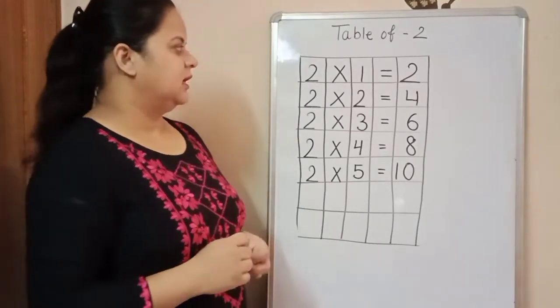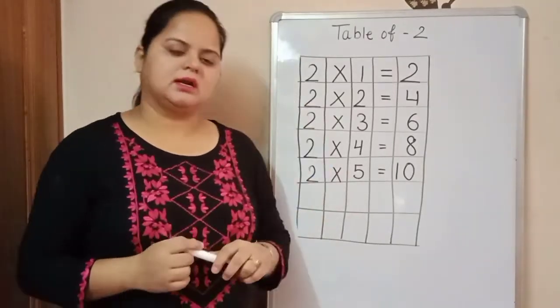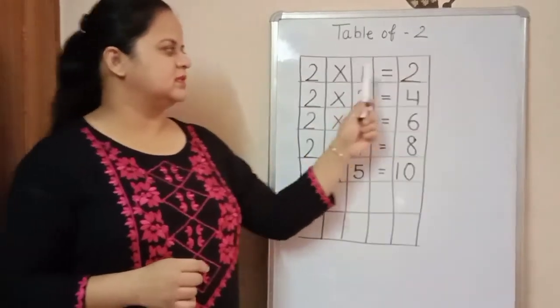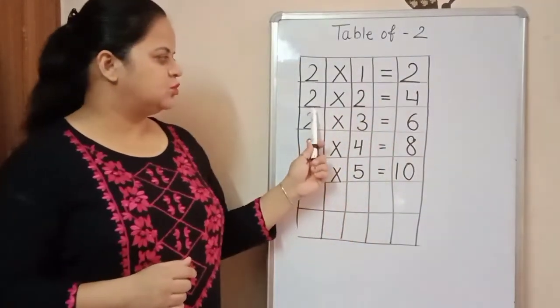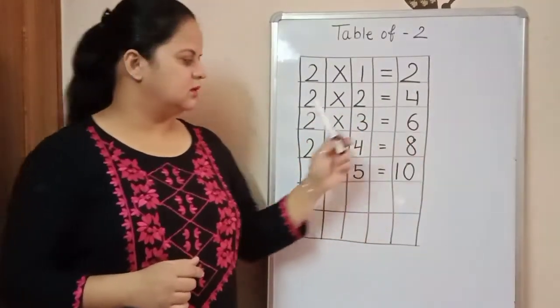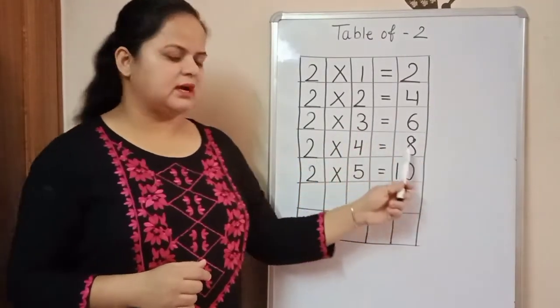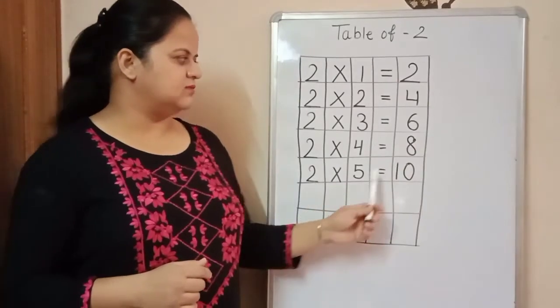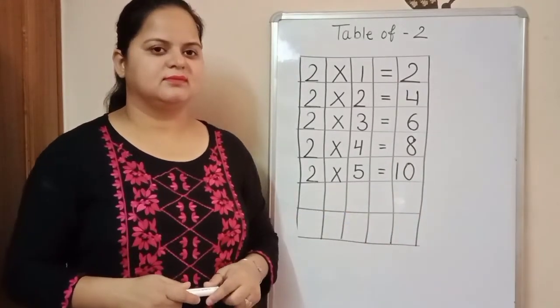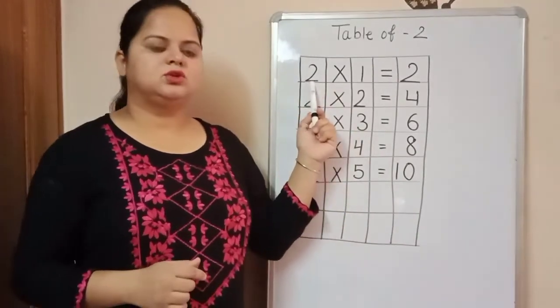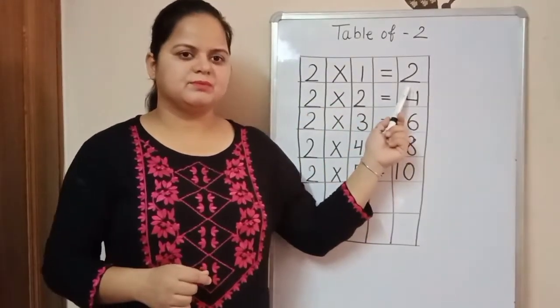Done? Now speak with me again. 2 ones are 2. 2 twos are 4. 2 threes are 6. 2 fours are 8. 2 fives are 10. Again, 2 ones are 2.